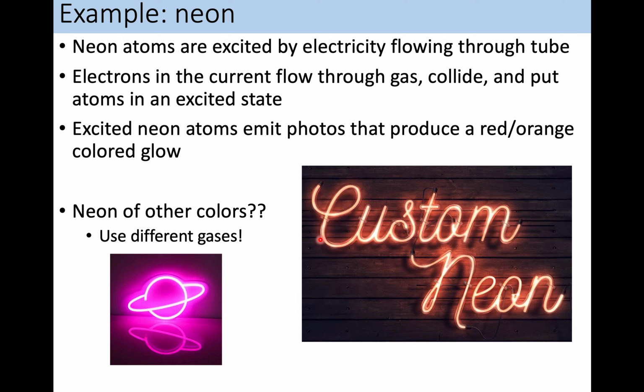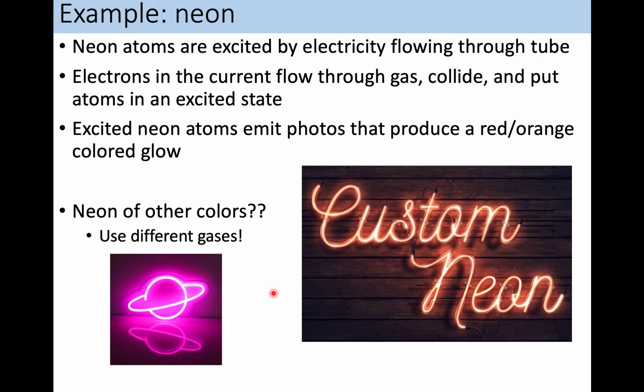So the trick is, we call them neon lights, but they're not actually neon. If you see other colors, it's just that they've used a different gas than neon. This one's probably hydrogen because it's pink. They've found the gas that will emit photons within the visible light at the wavelength of the color that they want. So here is an orangey red, here is a pink.